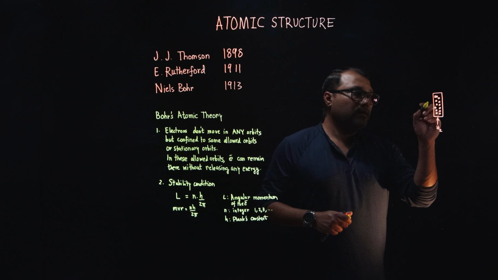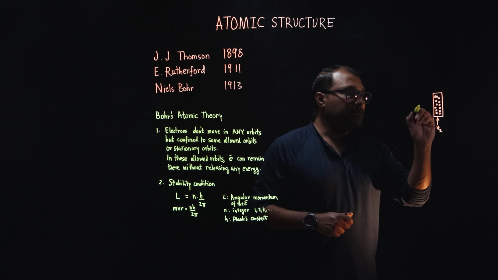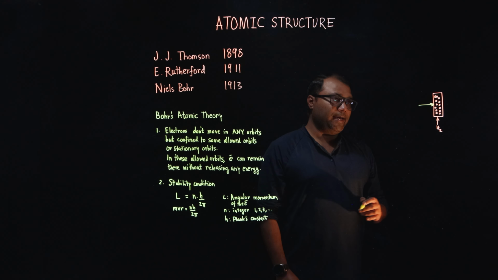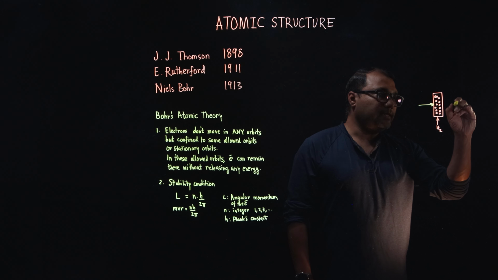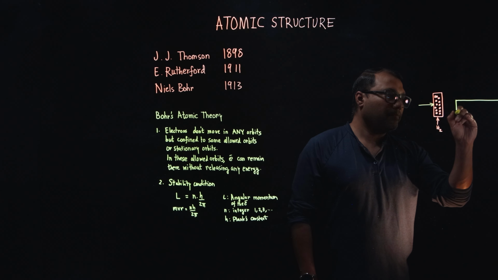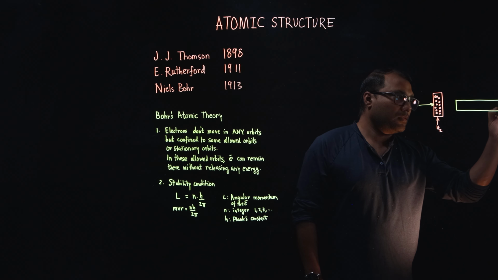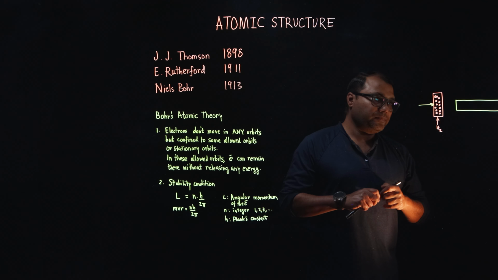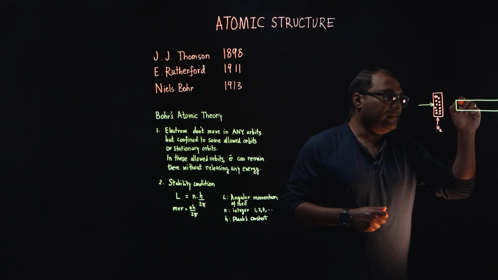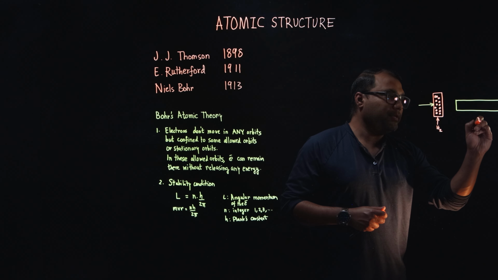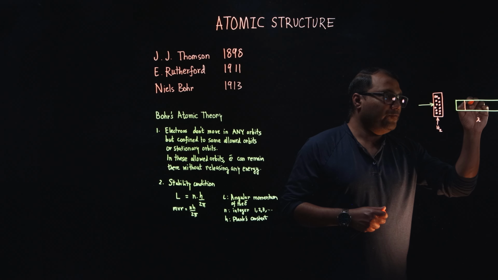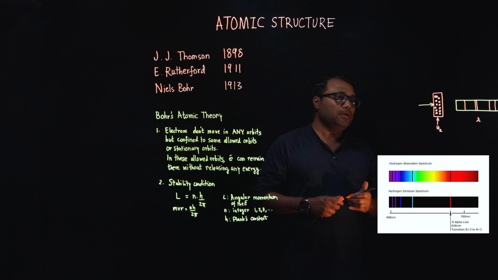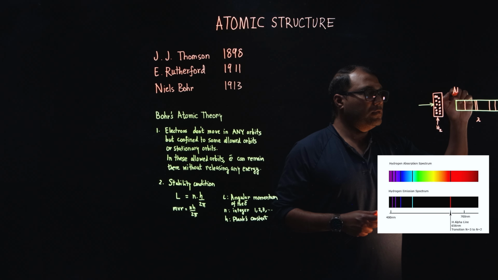So when light is directed to this pure hydrogen gas, the spectral lines that come out are called absorption spectra, which means you will see that overall all the wavelengths will be there except for a few which will be blacked out, like this. Okay, so this is the absorption spectra.